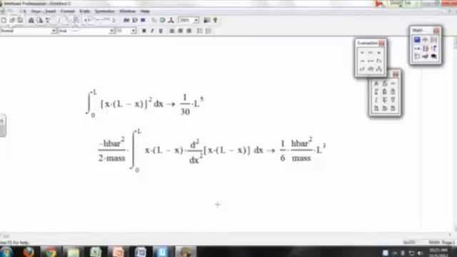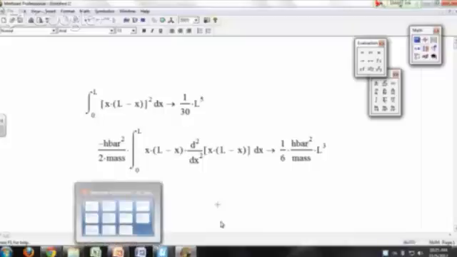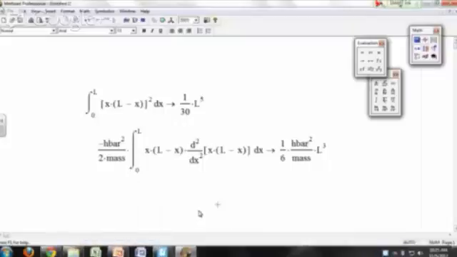Now that's not really very helpful to us because we don't have anything here that we can use to adjust the function. What you would want to do is put parameters in your function that you can tweak, so that when you tweak your function, you can get that energy to go as low as you can. Right now, this is fixed. We have a fixed function, x times (L minus x). There's nothing adjustable there.